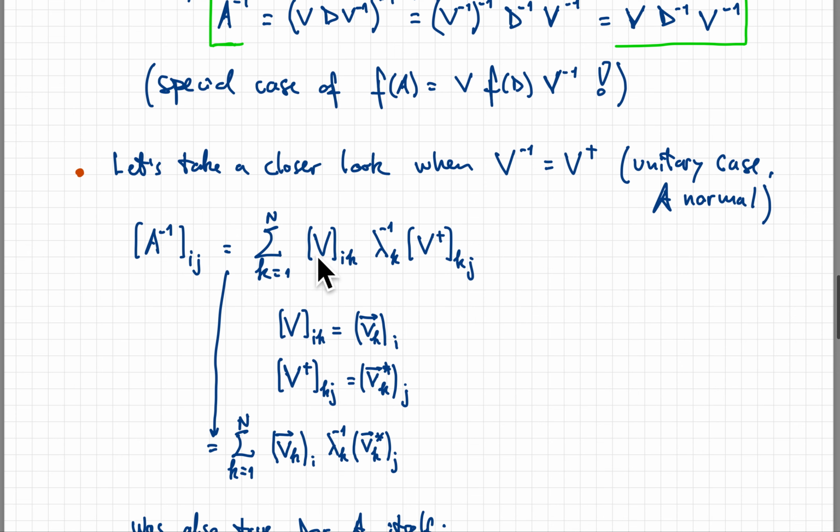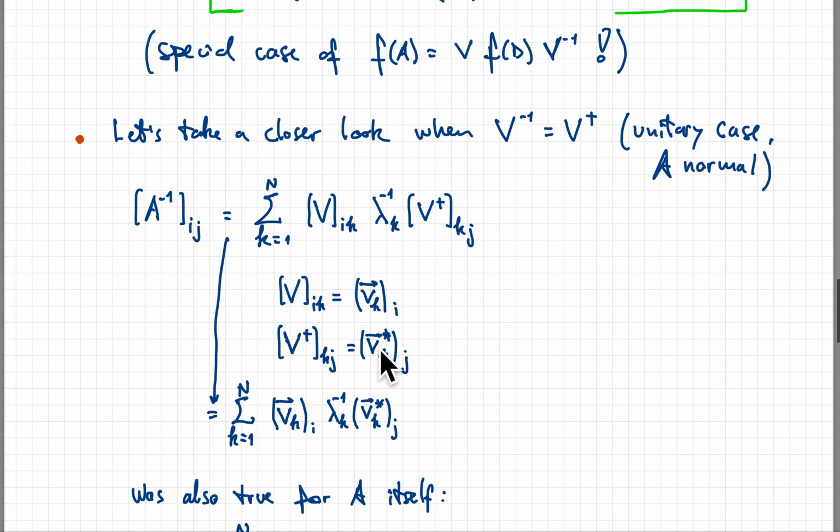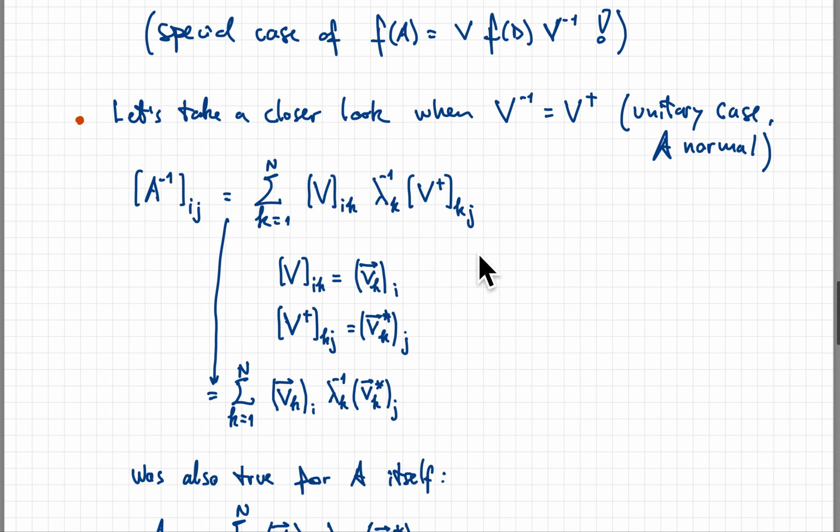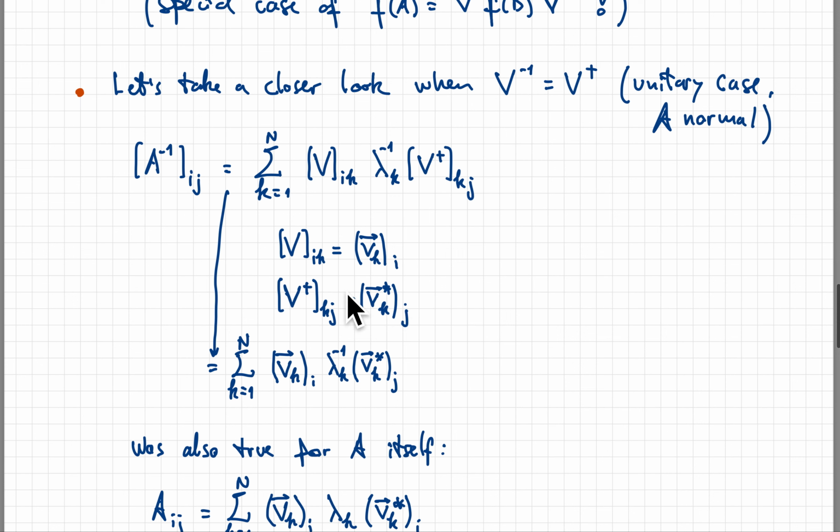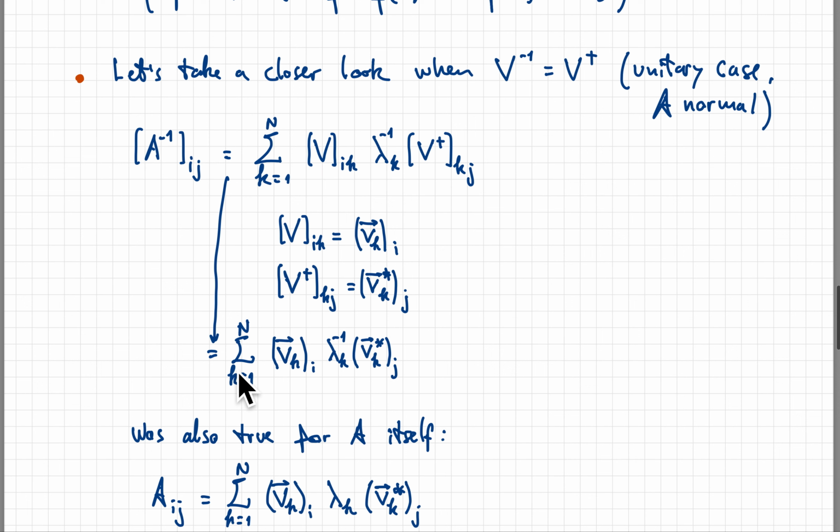Now it turns out that this element ik of the matrix V is simply the vector v_k element i, and for V dagger we have something similar. It's simply v_k star element j. Using these two identities, which are simply the descriptions of how we define the matrix V and the matrix V dagger, we obtain that this A inverse element ij is simply the kth eigenvector of A element i, times lambda k inverse, and then the element j of the kth eigenvector of A with the star, so complex conjugated.